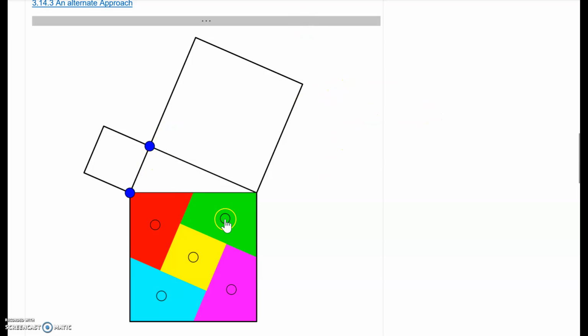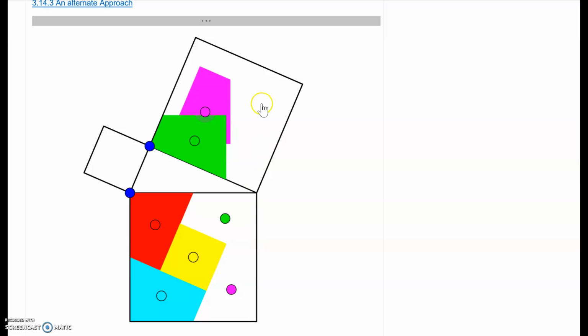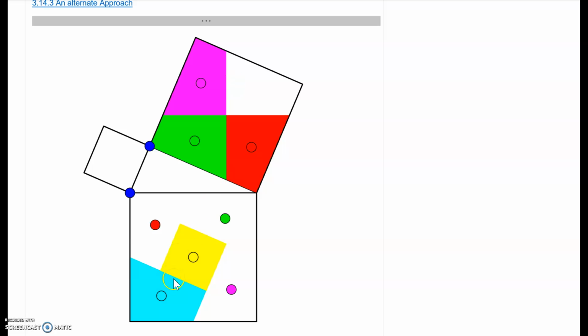We just drag them directly into place, and we can certainly look at this now and see the relationship between these two squares. We have a small square that has an area. If this side length is a, it has an area of a times a, or a squared.